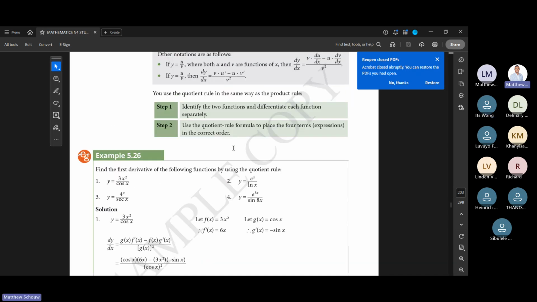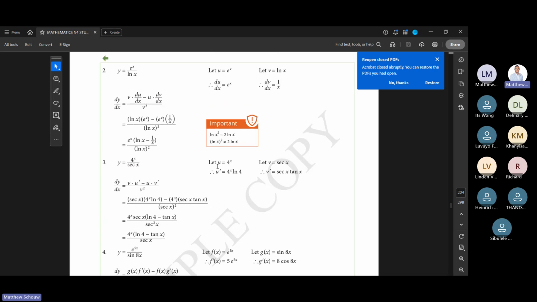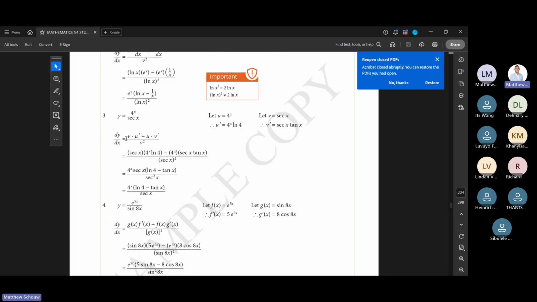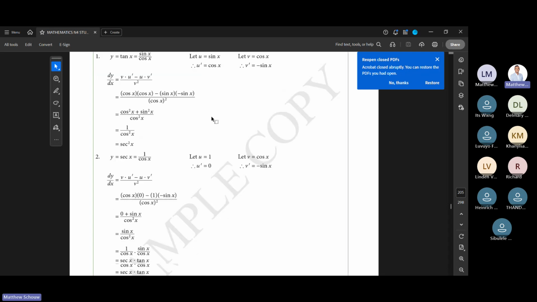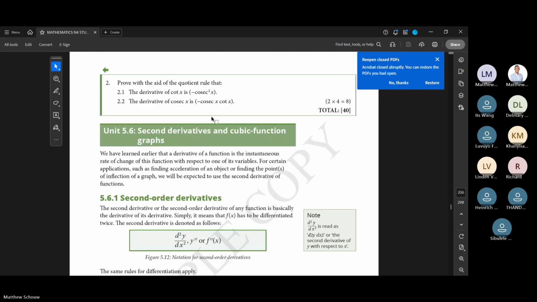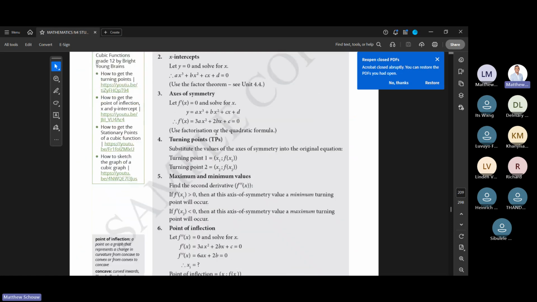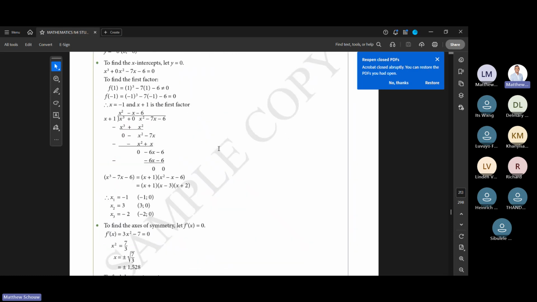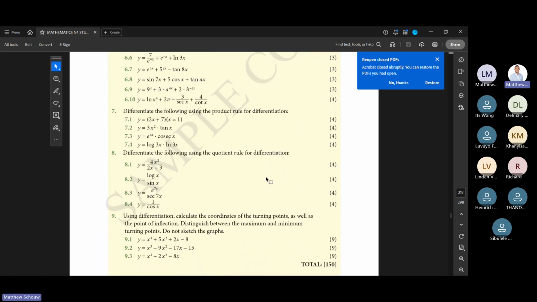Okay, so I'll do one of these. Number 3 looks fun. Okay, this is a cool one that proves an identity. Let me go to the exercise and see what we have here.